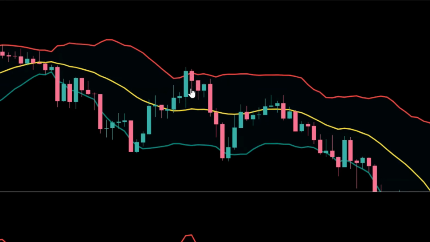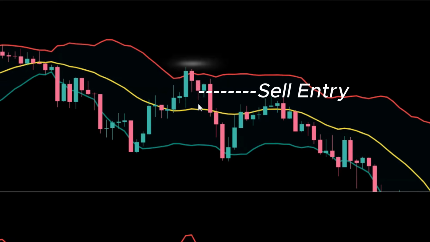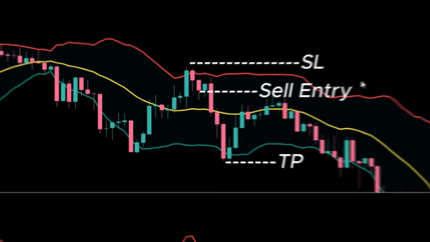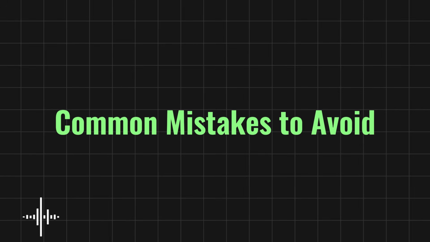Once it happens, we wait for a confirmation candle. After this bearish candle closes, we enter the sell trade. We set the stop loss just above the last swing high and the take profit at the band. Price moves down and touches our take profit perfectly. Clean, controlled, and simple.